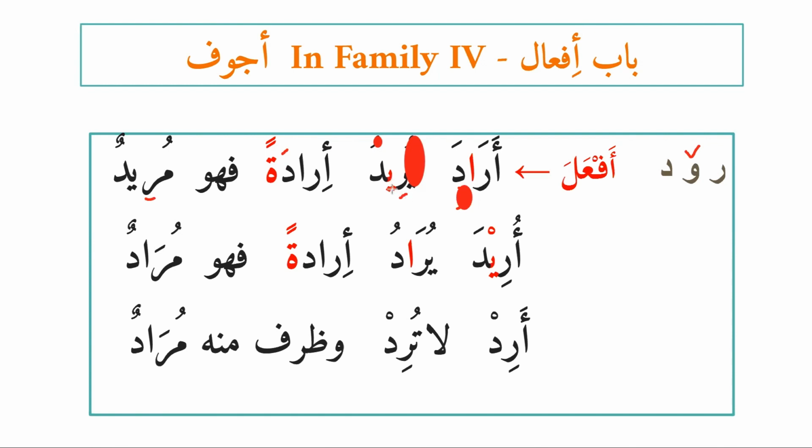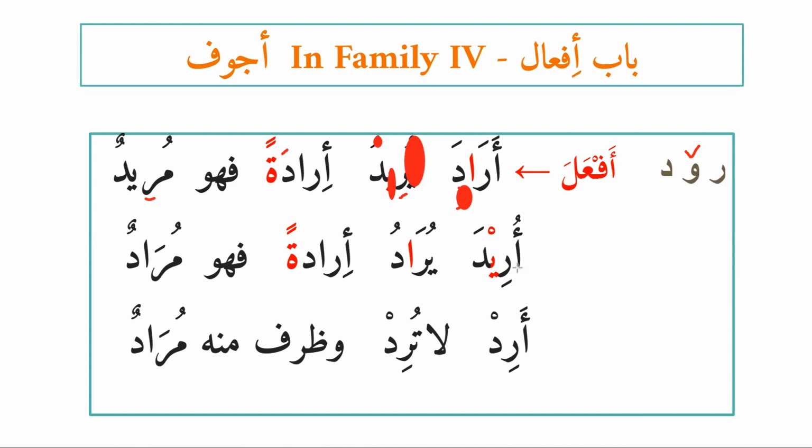So it becomes turid. There are two sukun on ya and dal. Because of these two sukun, you just drop the weak letter and it becomes rid. And in bab if'al, you take a hamza and put a fatha on it in fail amr. So it becomes arid. So that's how the commanding fail is.